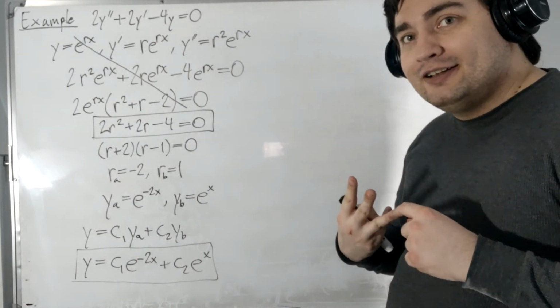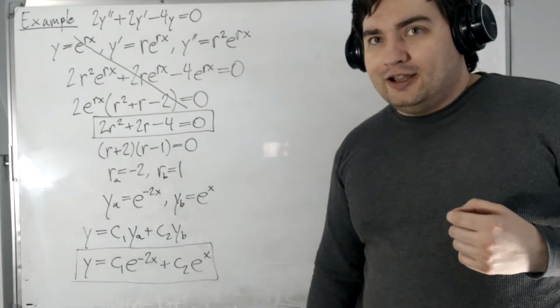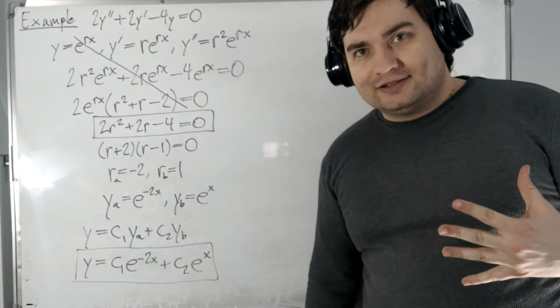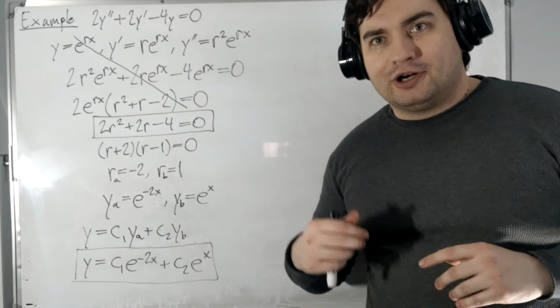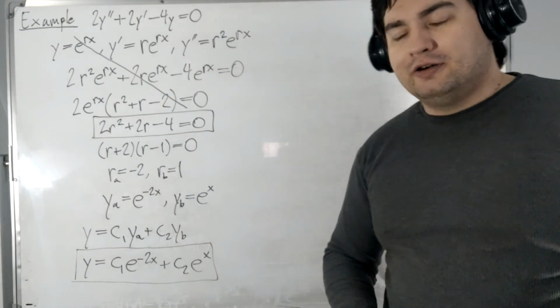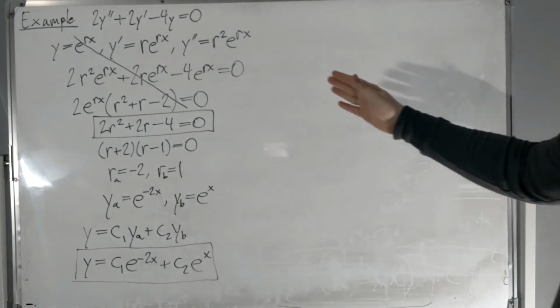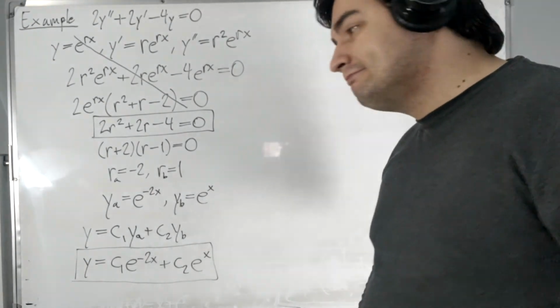In those latter two cases, repeated roots and complex roots, we're going to have to do things a little bit differently, but we'll get to that in a future lecture. For right now, let's just concentrate on when the characteristic equation has distinct real roots. Okay?